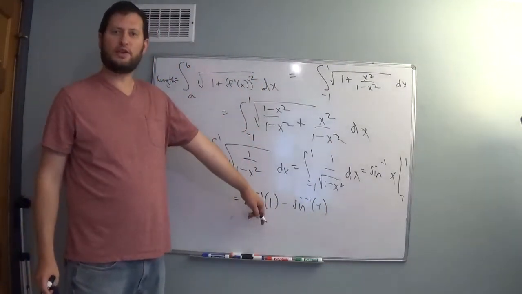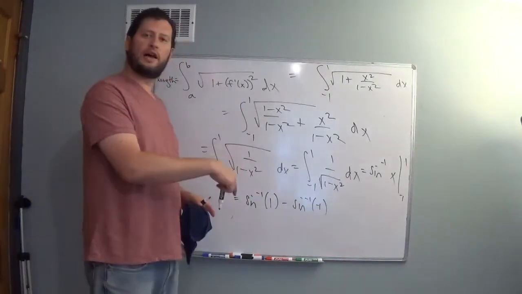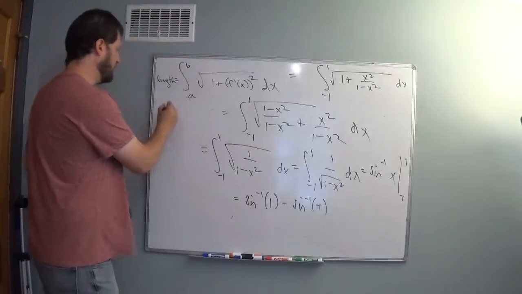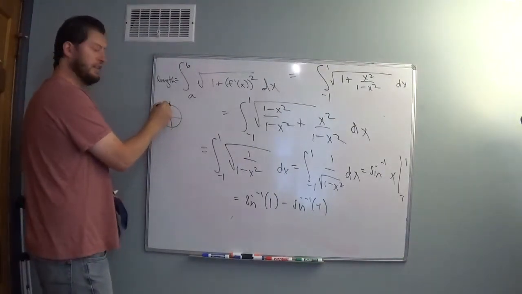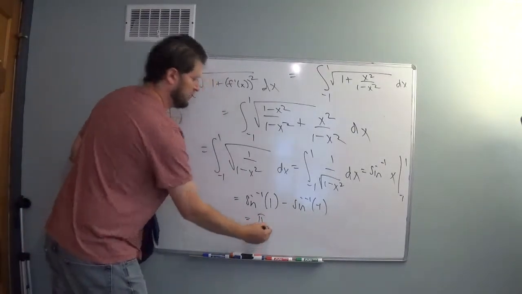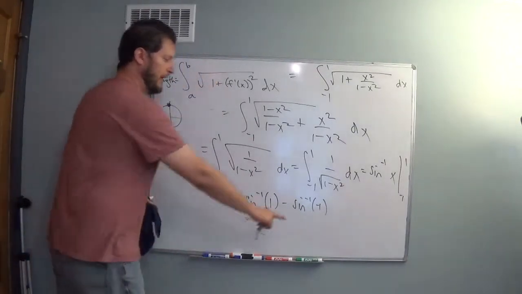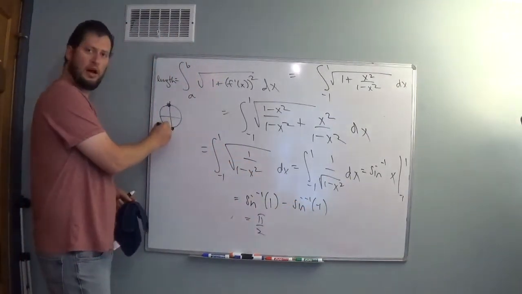Sine is the y value. What angle on the unit circle has a y value of 1? The angle up here. What angle is this? This is pi over 2. What angle gets a y value of negative 1? Negative 1 is right here for the y value.